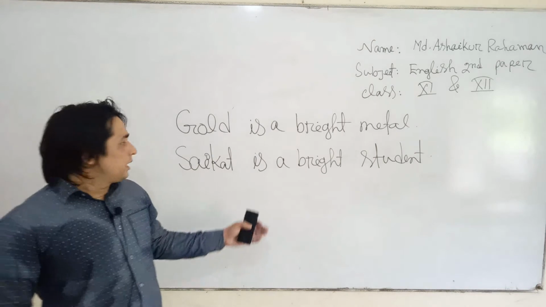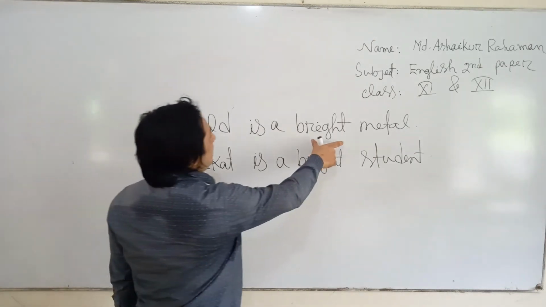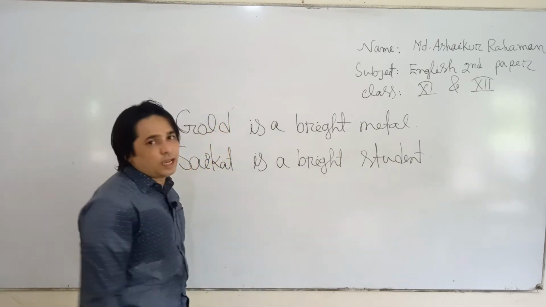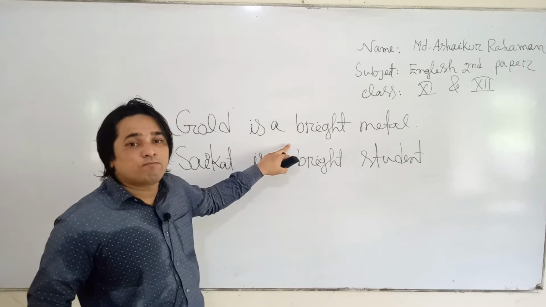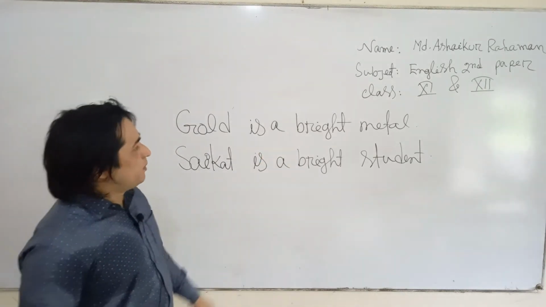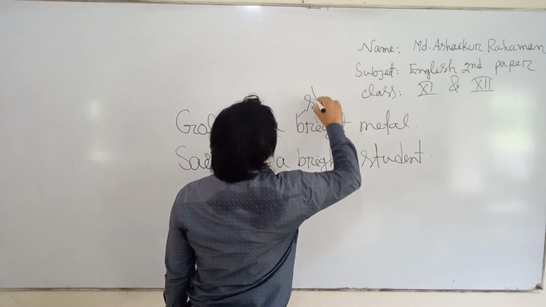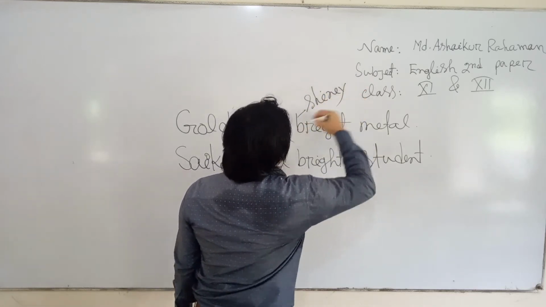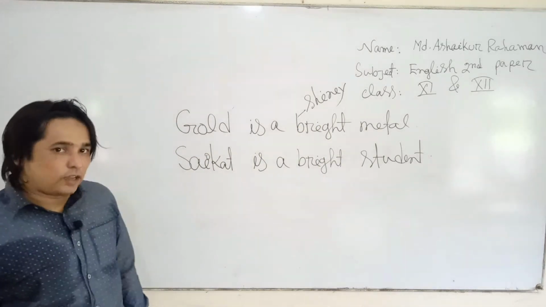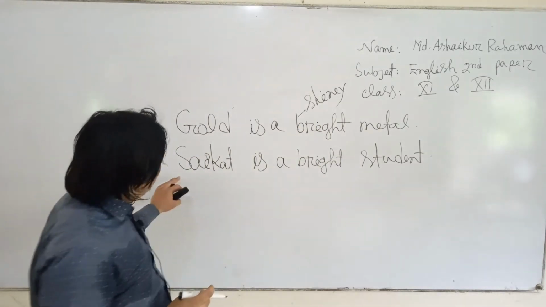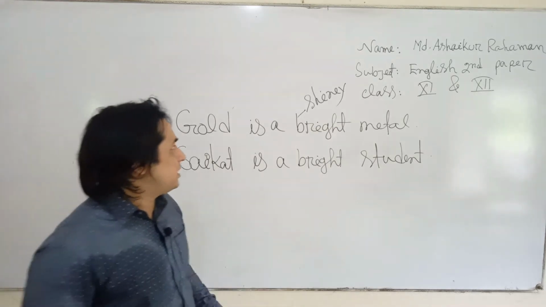So you see here, the adjective bright is common in both the sentences, but they mean differently. Gold is a bright metal. Here, bright means shining, sparkling, or glowing. And in the second sentence, Ashaikur is a bright student.